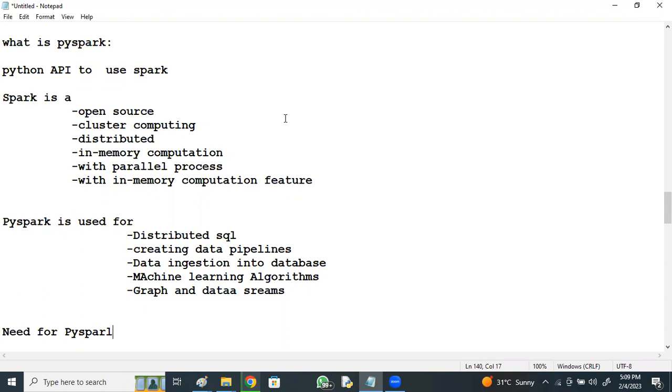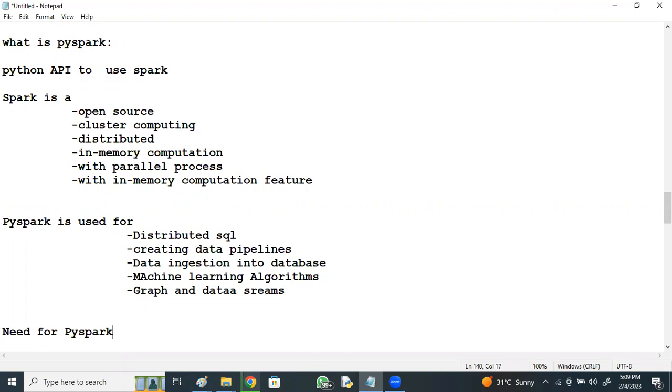So we need scalable and flexible tools to crack big data and gain benefit from it, right? PySpark is such a tool.